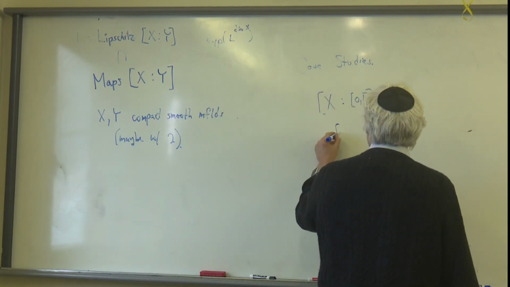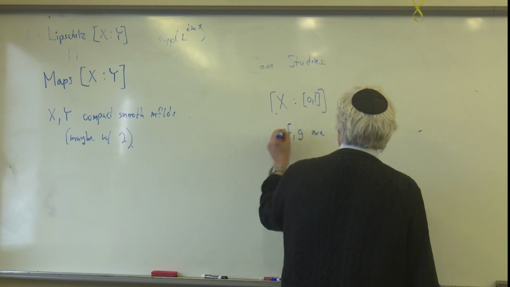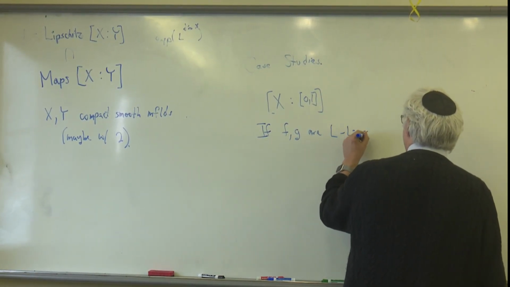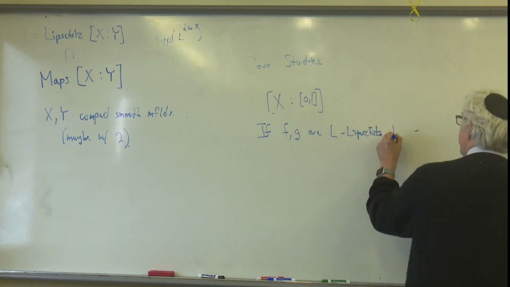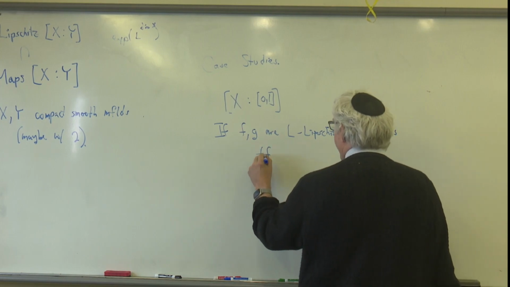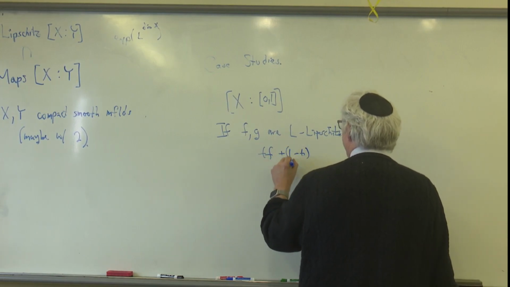And of course, if f and g are L-Lipschitz, then so is tf plus (1 minus t)g.